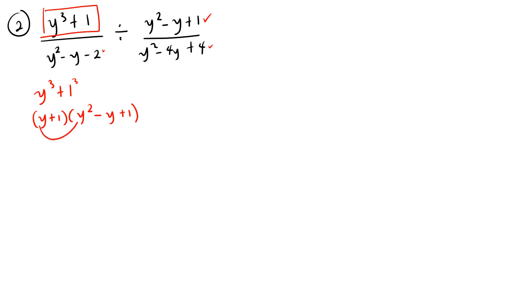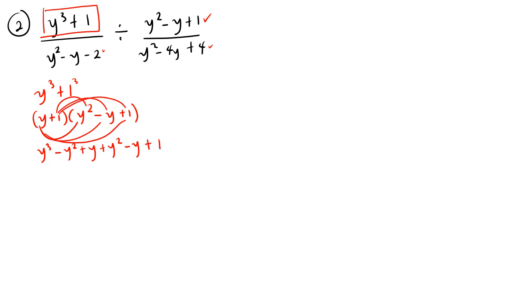So y times y squared will be y to the third power, and y times negative y will be negative y squared, and y times 1 will be positive y. And then I'm going to go with 1. 1 times y will be y squared, and 1 times negative y will be negative y, and 1 times 1 will be 1.